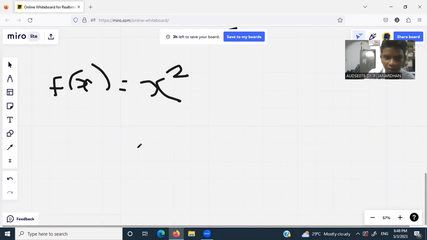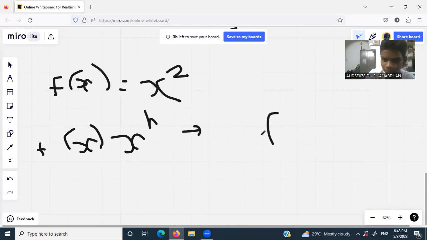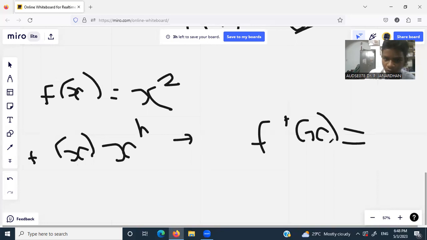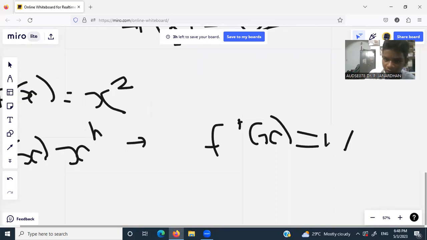If you have a function f of x equal to x to the power of n, then the derivative of f of x is equal to n into x to the power of n minus 1. So this is the rule.